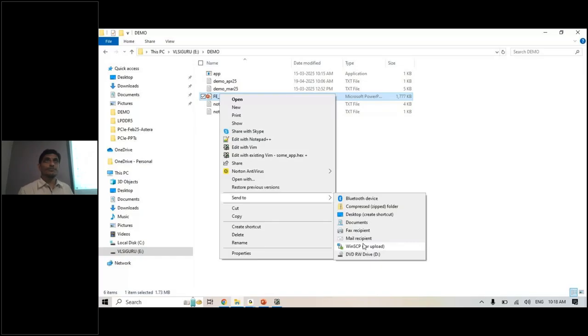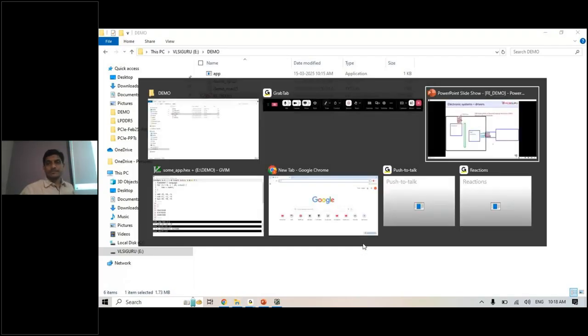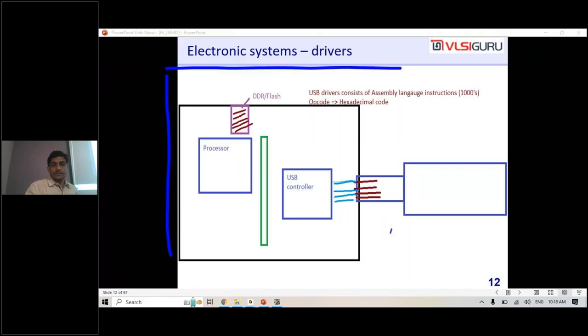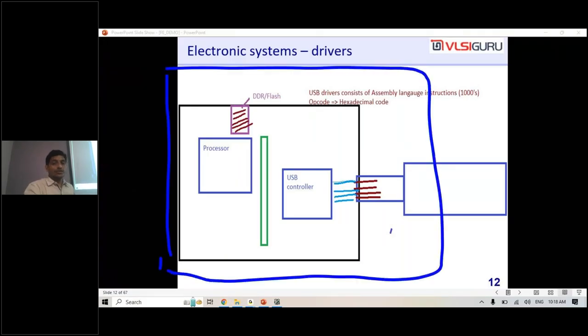You know, right? When you connect a pen drive, it will say send to drive. Are we doing this whole thing at the operating system level? Somewhere at the operating system level only, right? We went to the operating system, then right click, send to. So in that case, an instruction goes to the processor to execute that piece of code.